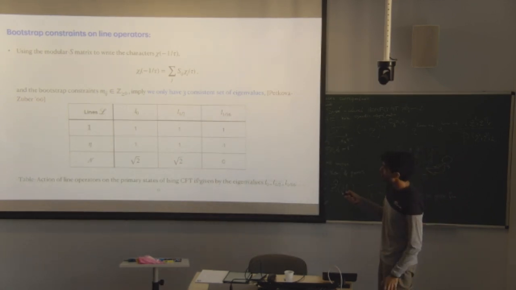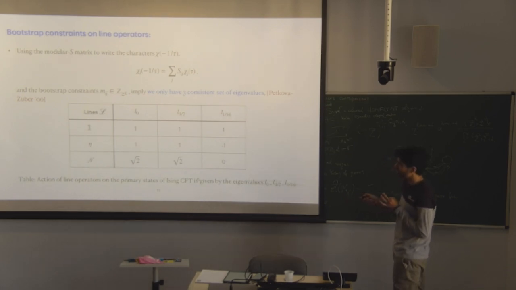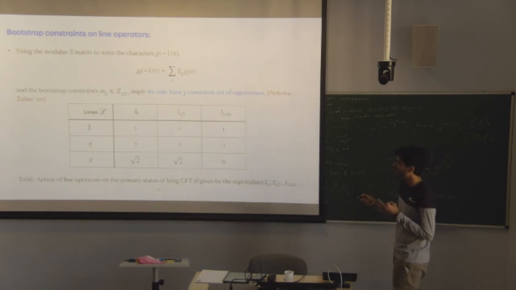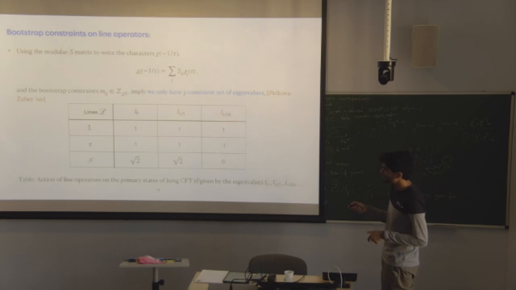So once you impose only the positivity of the coefficients, and that is what tells you the dimension of the Hilbert space, only that constraint is enough to tell you that there are only three possible sets of L0, L half and L1 over 16 eigenvalues, which means that there are three possible line operators only. These we write as the identity line, because the charges on all states are 1, so it leaves every state exactly invariant.